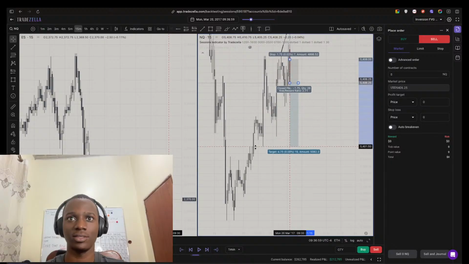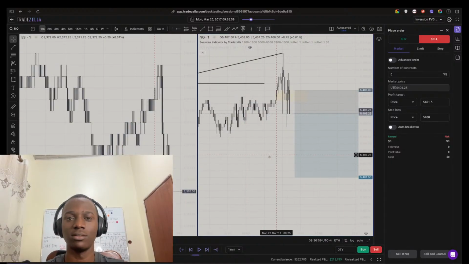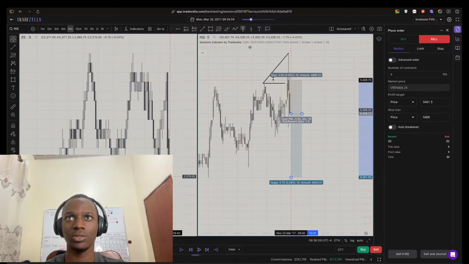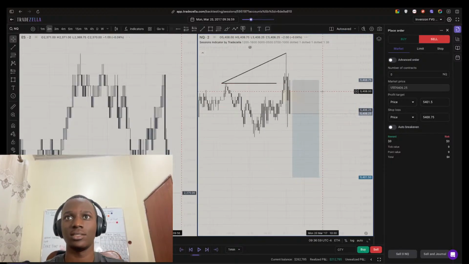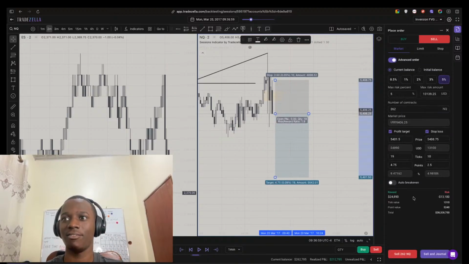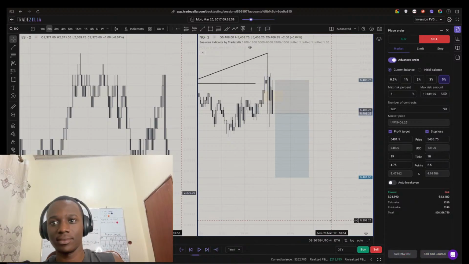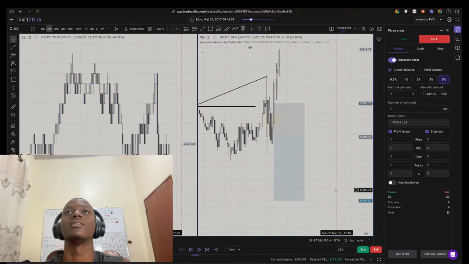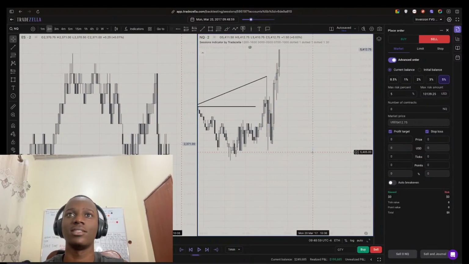Have London lows here. So let's try first like this and see if price could displace lower. 1.9 R. Risking heavy, and we sell. And we get stopped out right away, which is totally fine.